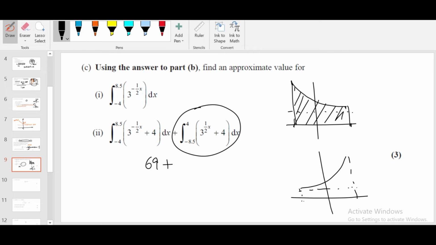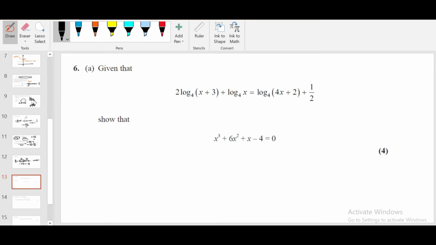If you take it from negative 8.5 to 4, this area will be the same as this area. These two areas are the same. So basically you can just put 69 plus 69 is equal to 138. That's all.